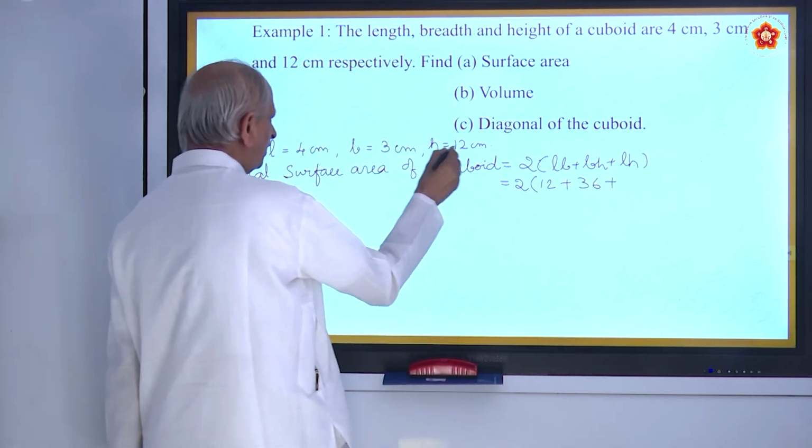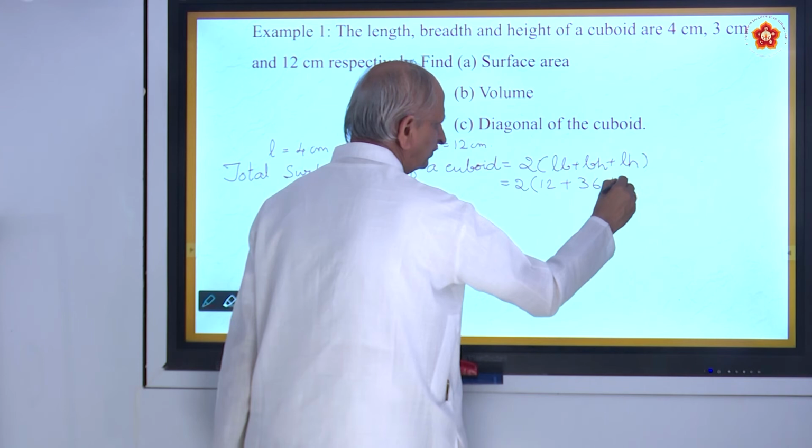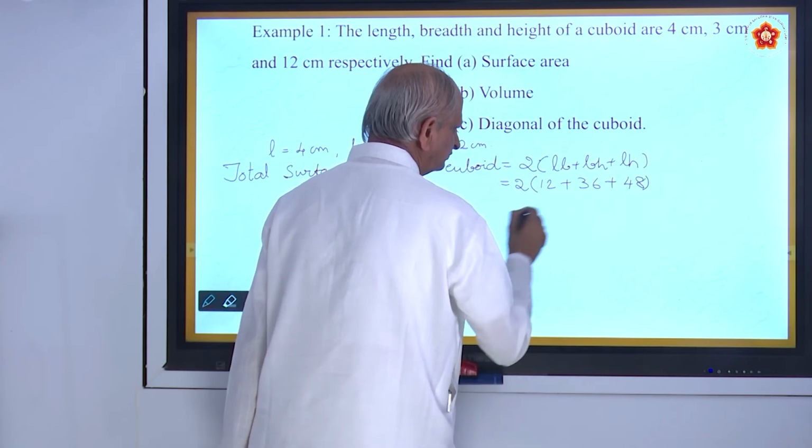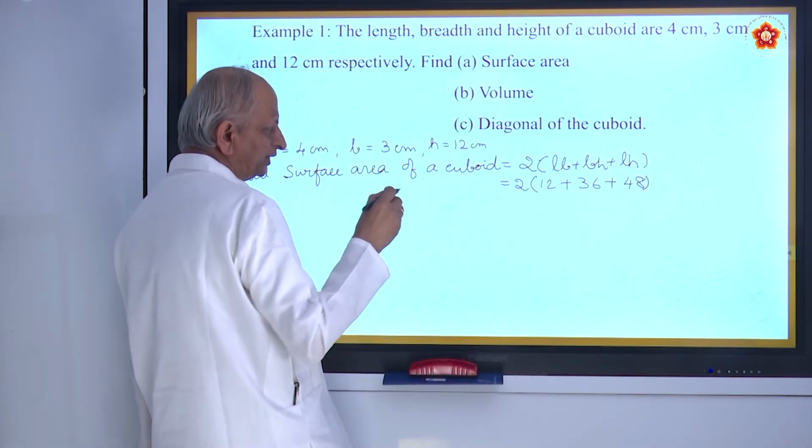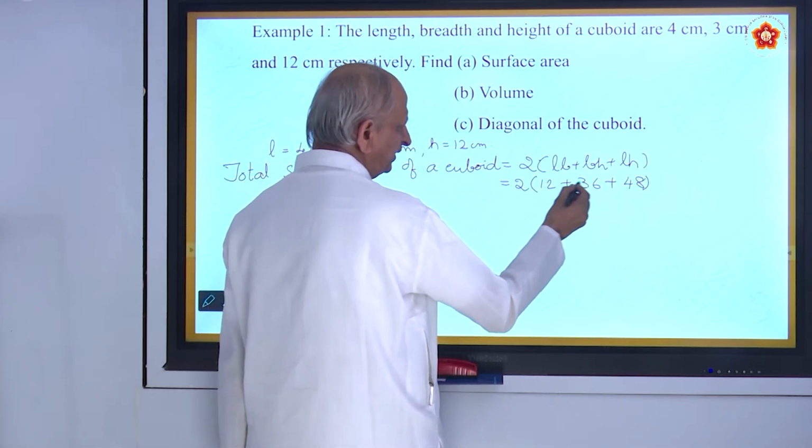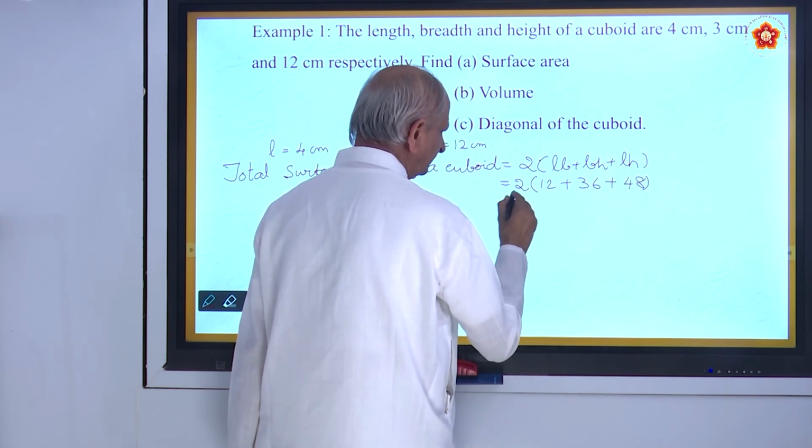LH, 12 into 4, 48. So add all that. So this will be 48 plus 48, 96.